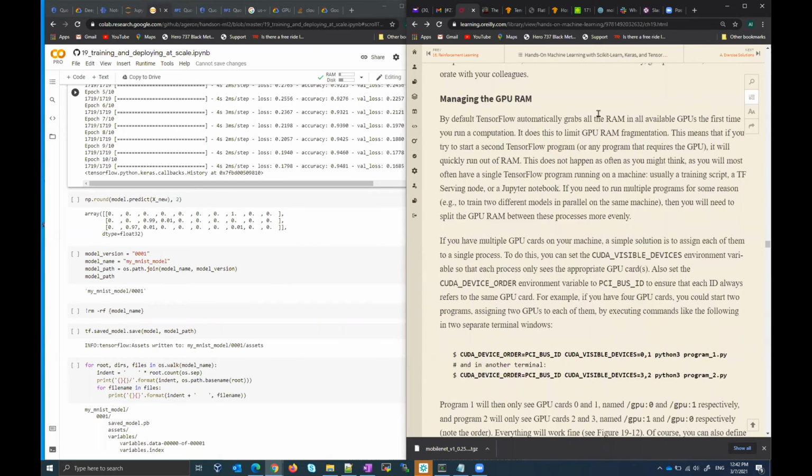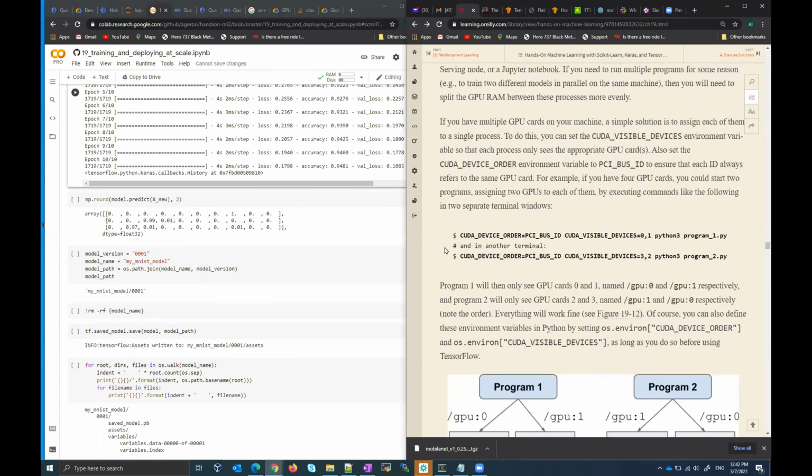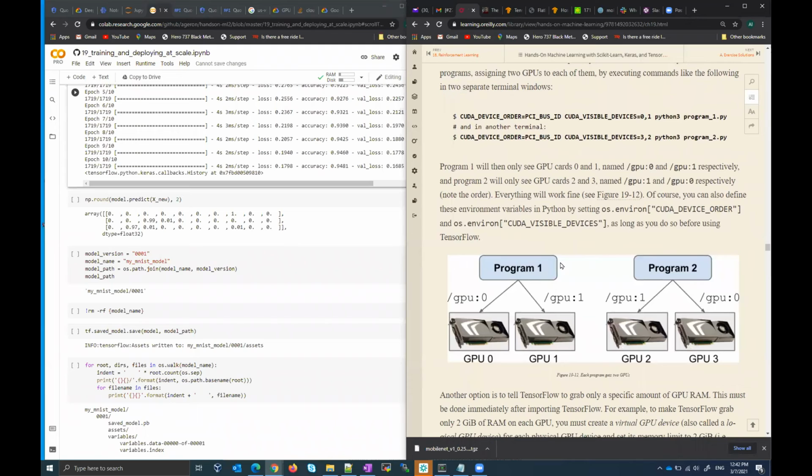Okay. Then you can manage the GPU RAM. You need to, for example, when running several trainings at the same time. You can set up these environment variables and run the different programs.